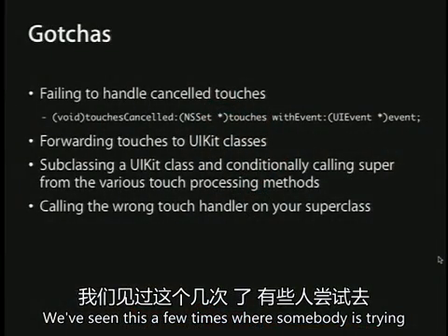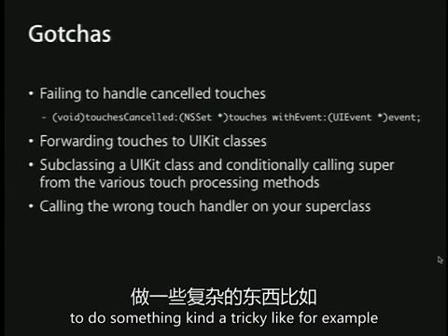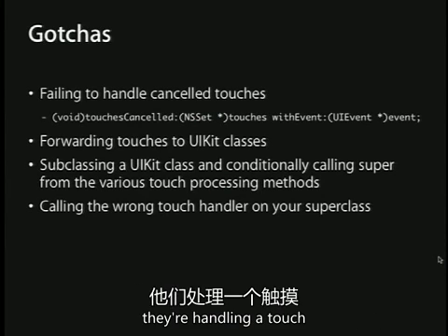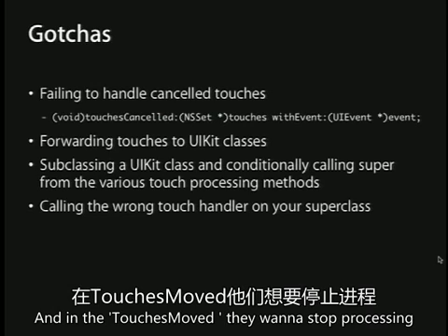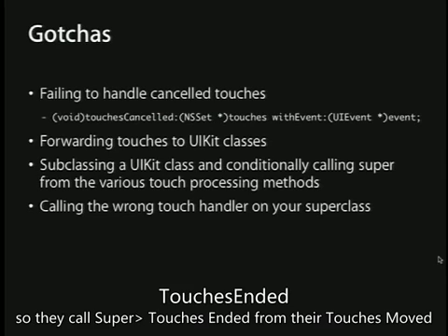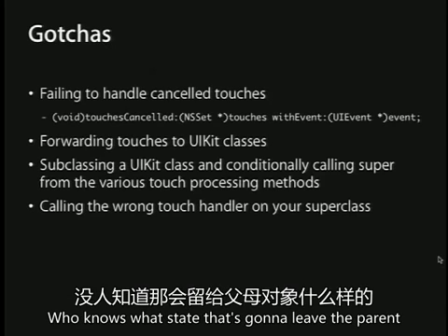We've seen this a few times where somebody's trying to do something kind of tricky, like, for example, they're handling a touch, and in touches moved, they want to stop processing. They call super touchesEnded from their touchesMoved. Who knows what state that's going to leave the parent object in.